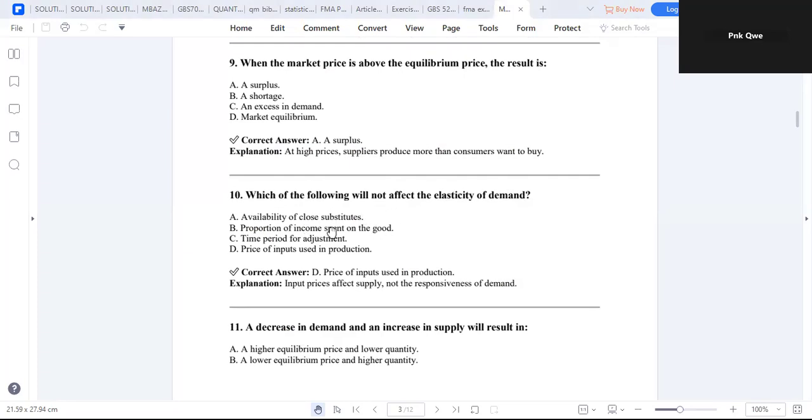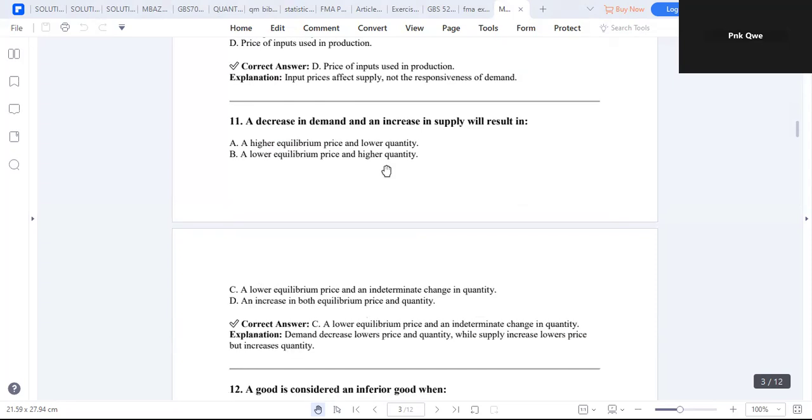Availability of substitutes will, proportion of income spent will, time period will, price of inputs won't. Question 11, a decrease in demand and an increase in supply will result in A, higher equilibrium price and quantity, B, lower equilibrium price and quantity, C, lower equilibrium price and indeterminate quantity, and D, an increase in both equilibrium price and quantity. So the answer is C. Why is the answer C?